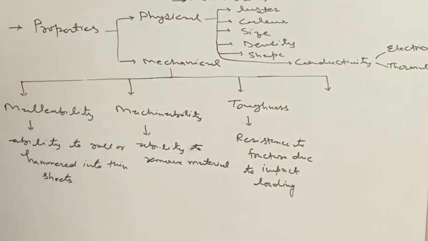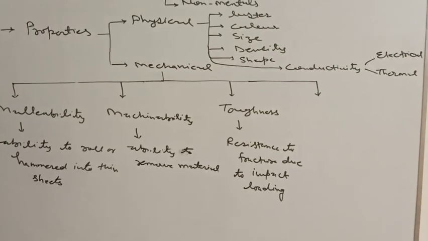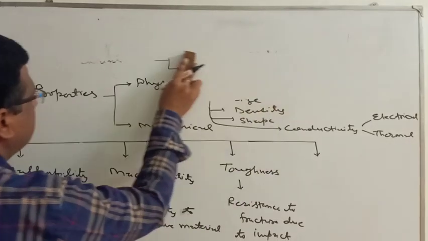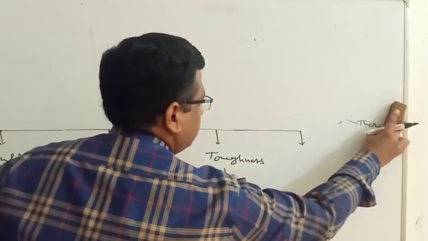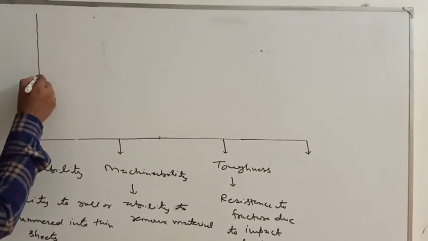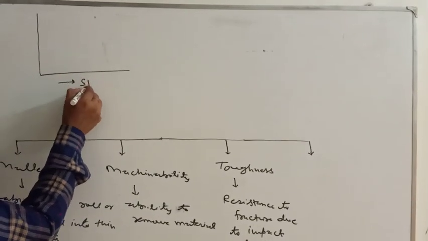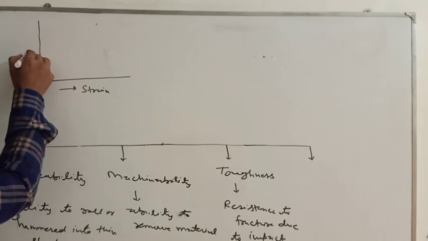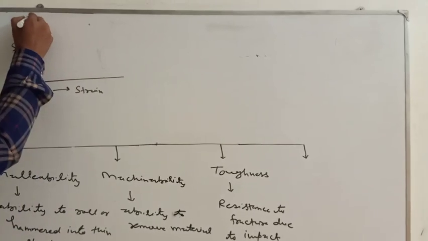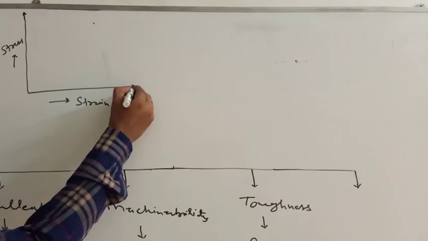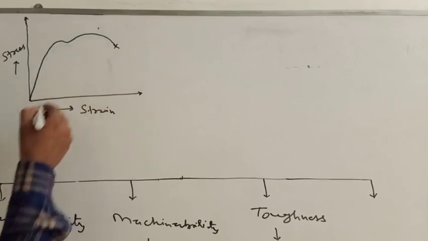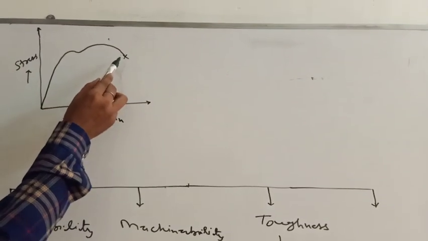This toughness is also defined in terms of energy absorbed. If we consider the stress strain diagram for a ductile material, then we know that this is our fracture limit.